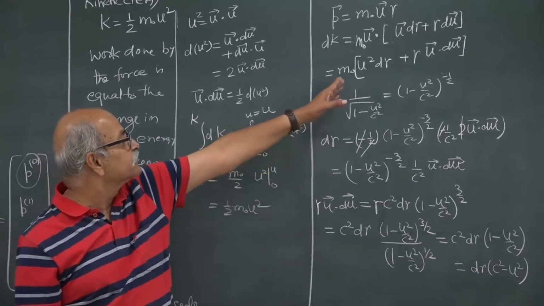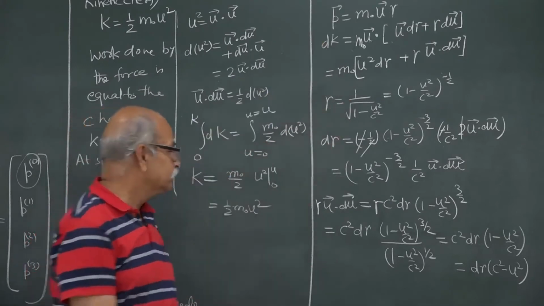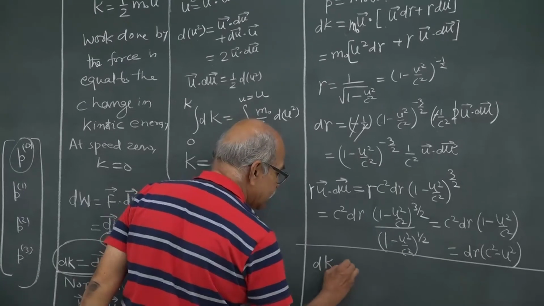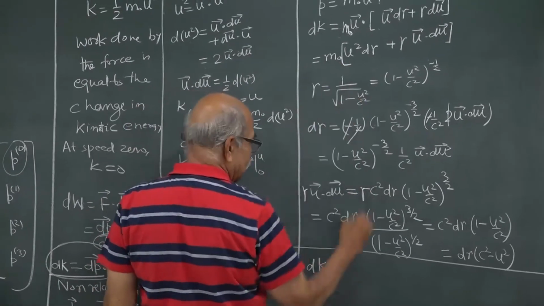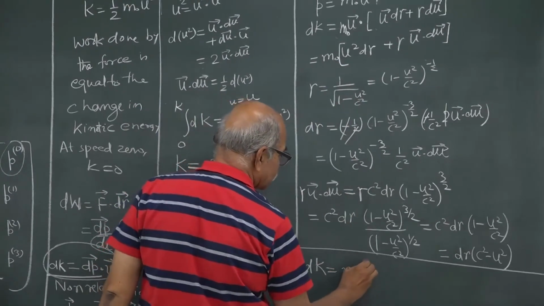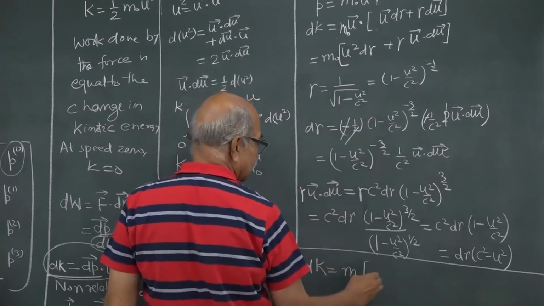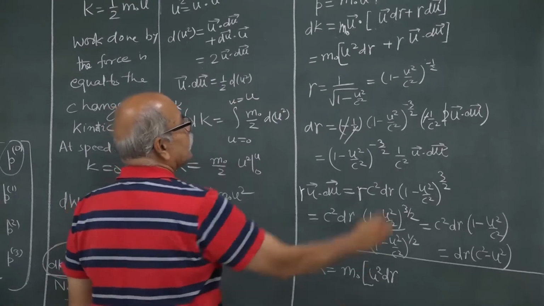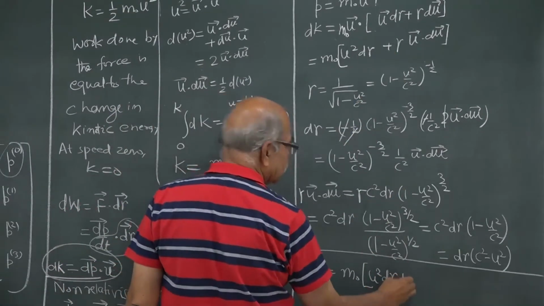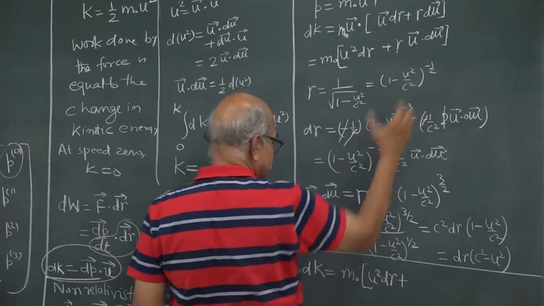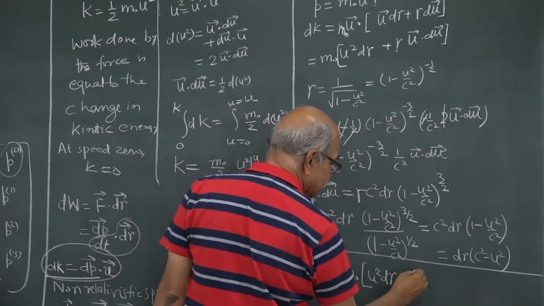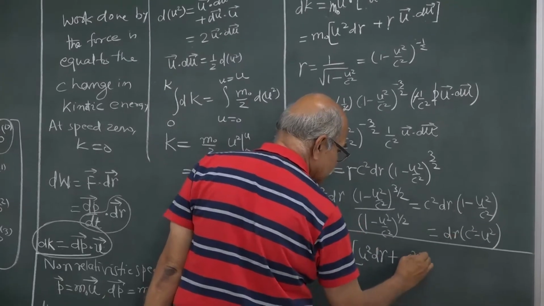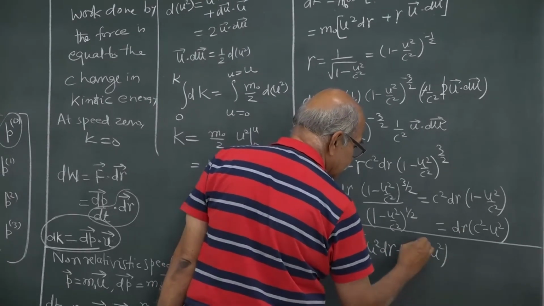and put it here in the expression of dk. So what is dk? dk is equal to m naught, and then u square d gamma, and then plus this expression, and this expression is here, it is d gamma (c square minus u square).